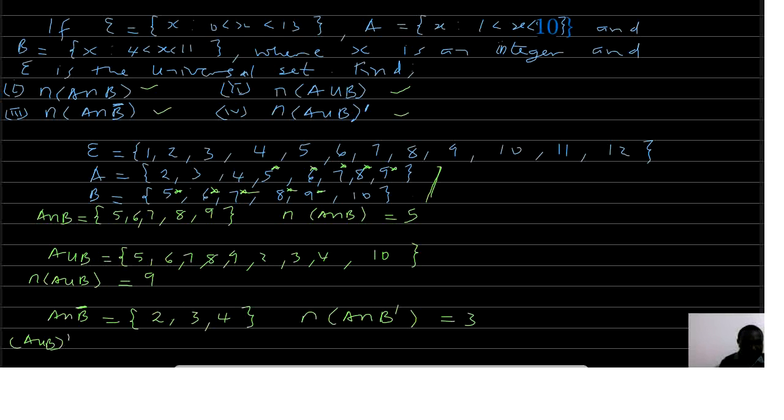So let's first exclude by putting stars. I have 5, 6, 7, 8, 9, I have 2, I have 3, I have 4, I have 10. So whatever remains is outside the union of A and B, and that's what we want. So we have element 1, we have 11, 12. So the number of elements in A union B complement is 3.